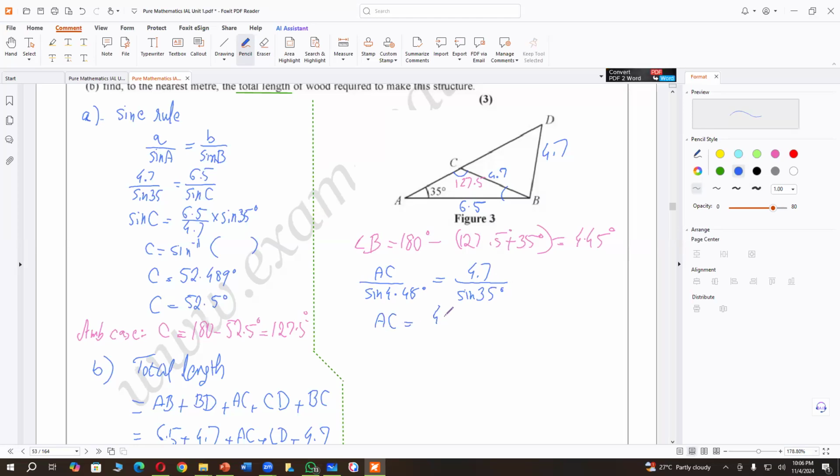AC is equal to 4.7 upon sine 35 into sine 4.45. This is AC. Now try to find AC.